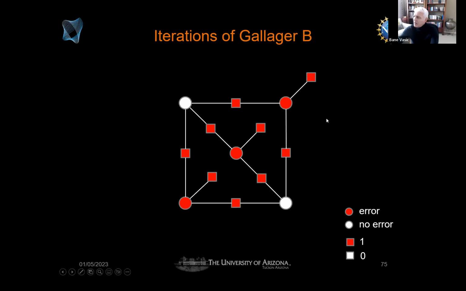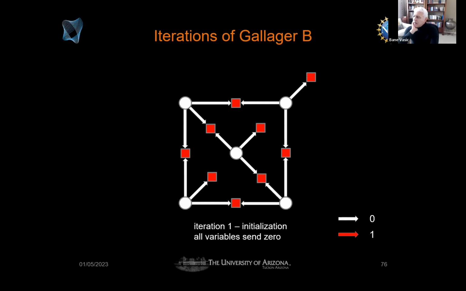And now what I do is the following. In the first iteration, all variable nodes are going to send 0 value, because 0 is the most likely thing to be an error, right? So the error typically will have a small number of non-zero elements. So all values will be 0.